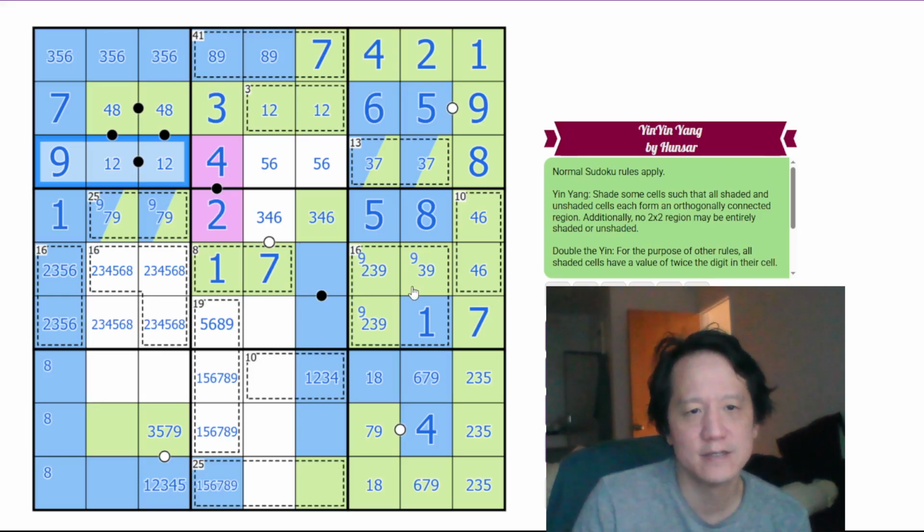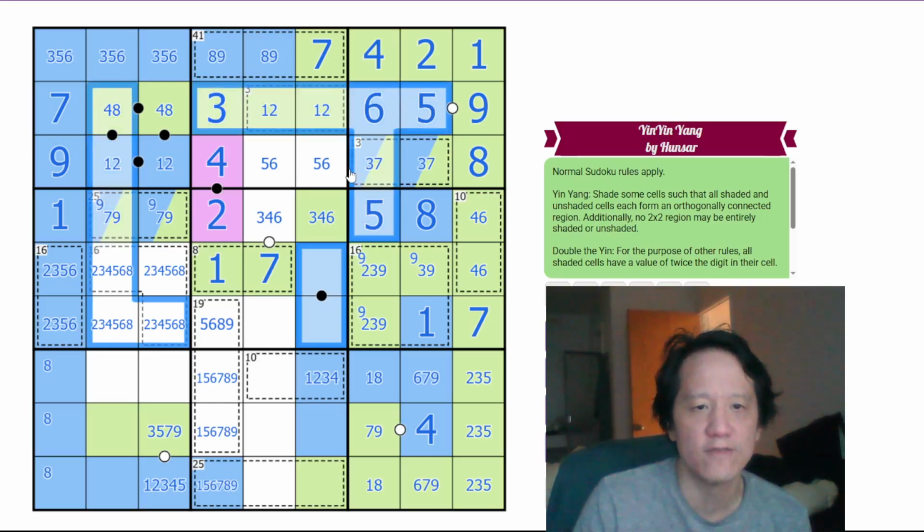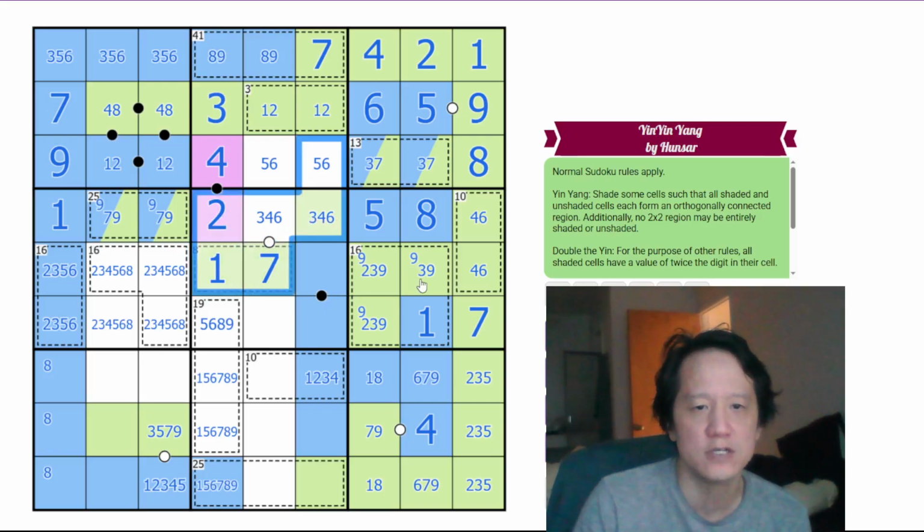It can't without cutting the green into 2 sections. So this blue trying to connect to here, it would have to connect something like that, and therefore this green would be 1 subsection, there would be another subsection here. So this cannot be green, therefore this has to be blue.